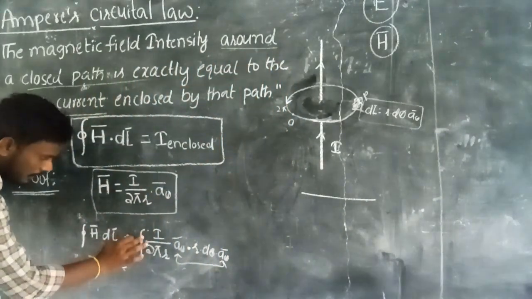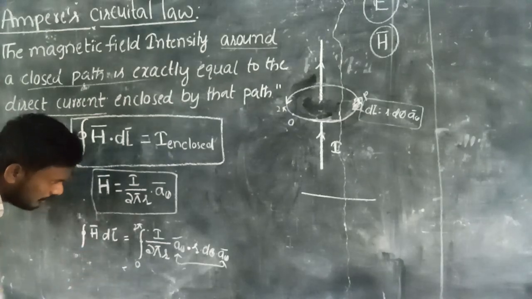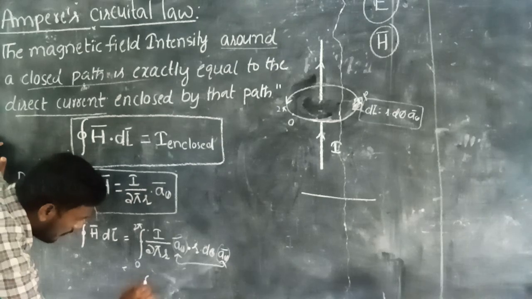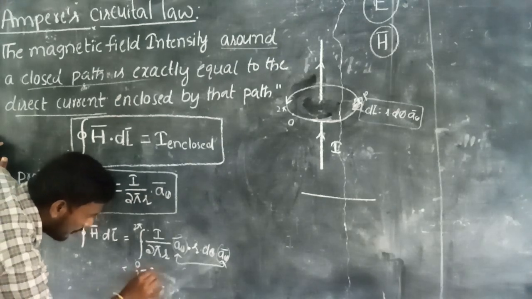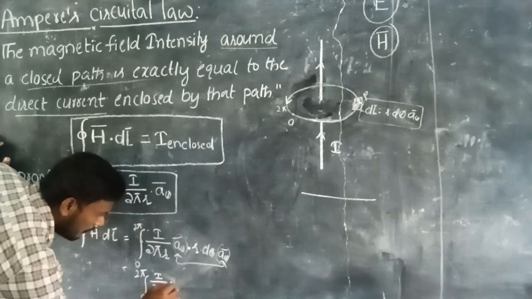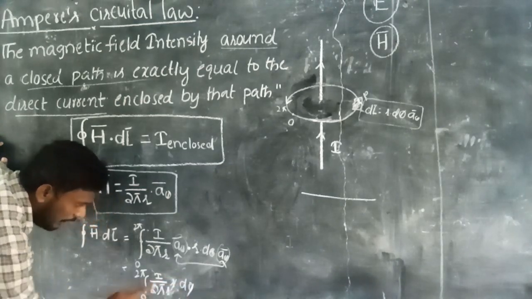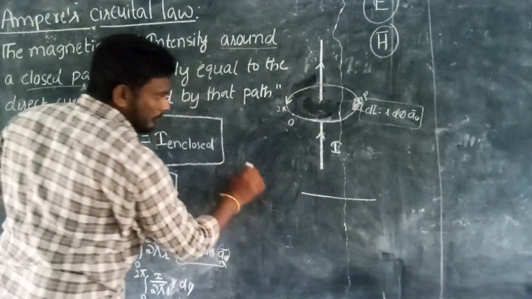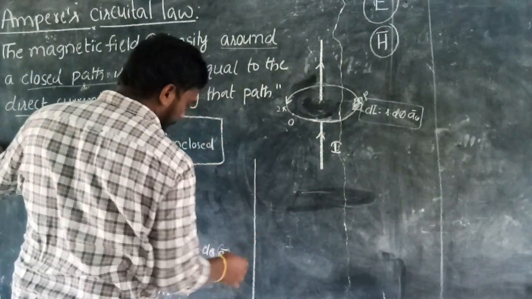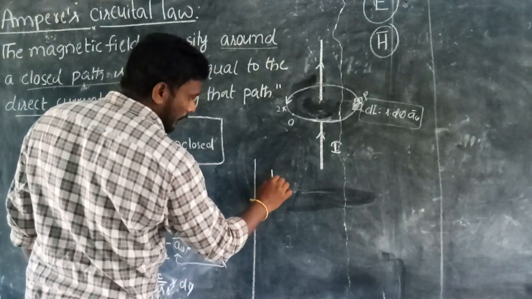Now consider the integration limits 0 to 2 pi, and the dot product between same unit vectors is 1. 0 to 2 pi, I by 2 pi r d phi. R cancels, and I by 2 pi is a constant, so take the term outside the integration.